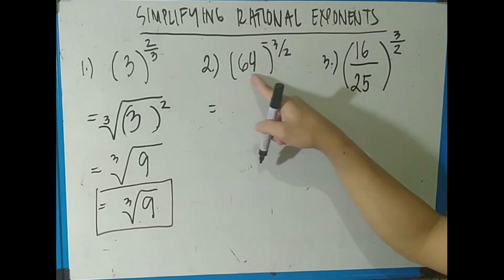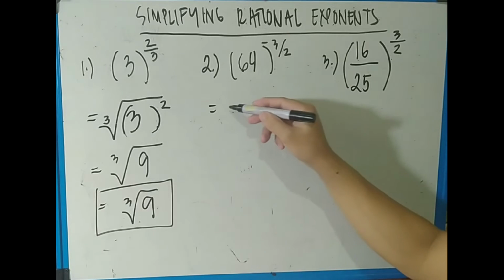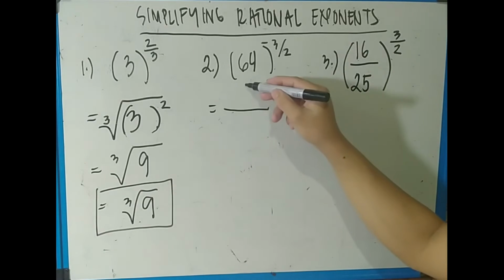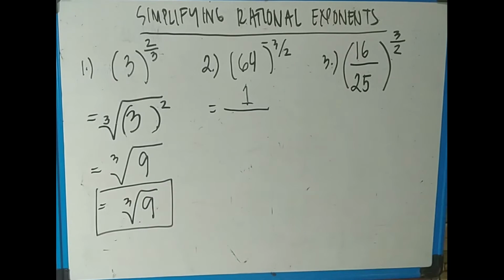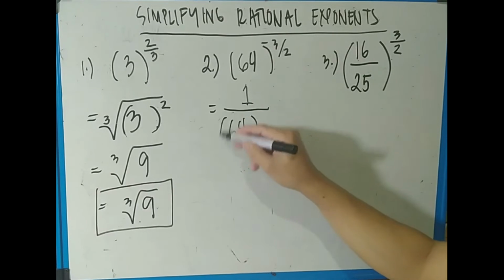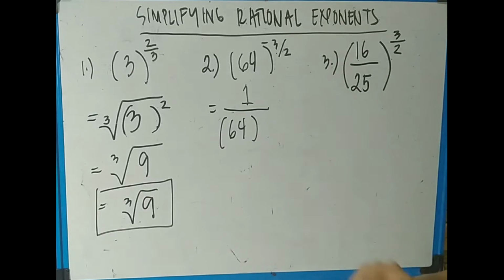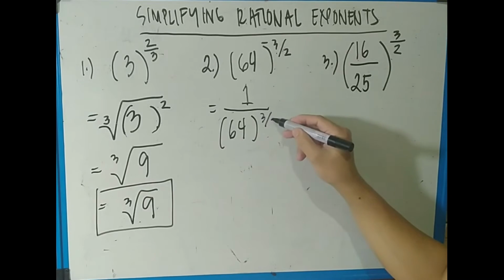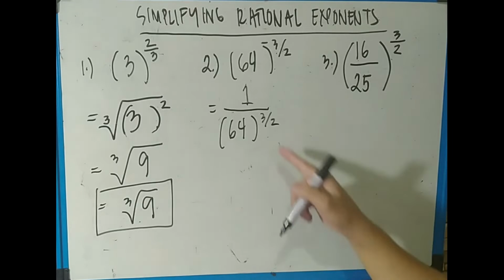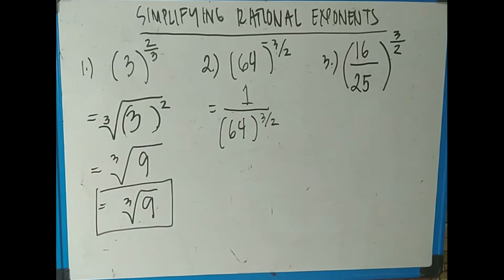So in this case, this is a whole number. Gagawin natin, ibababa lang natin siya to make the exponent positive. So lagay tayo ng 1 dito. Then we have 64. Then raised to, since this is negative, magiging positive na po siya. So that's the exponent. So 64 or 1 over 64 raised to 3 over 2.